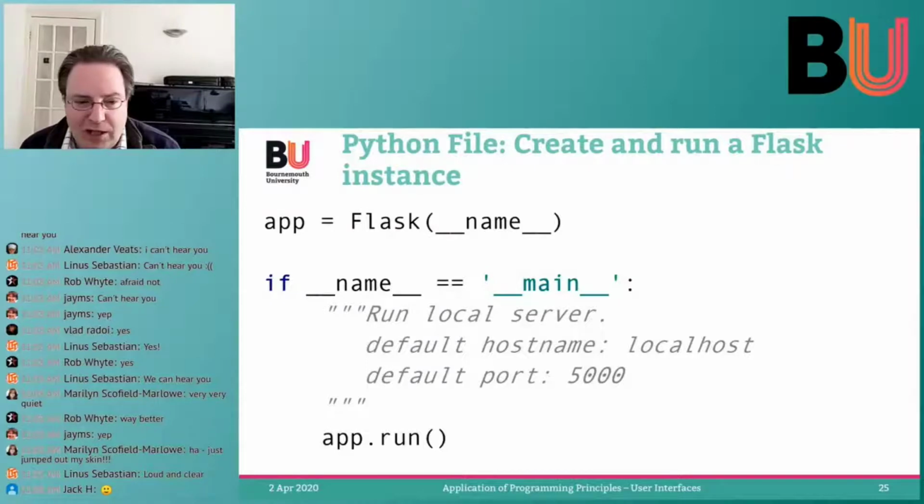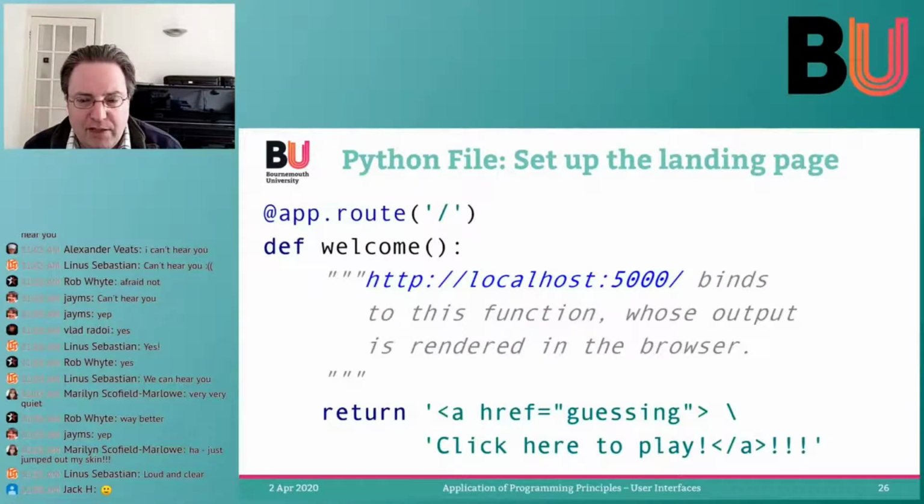Then we have the challenge of how are we doing routes. So how are we going to actually tell Flask where it needs to find what resources? And this is done through basically an annotation on a function. So when we look here, we see that we have the function welcome. And welcome, what it does, so this is the documentation of welcome.